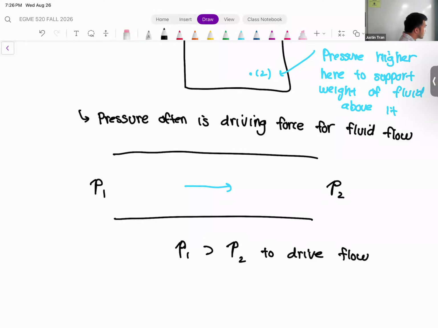And this idea that a liquid or a fluid will go from high pressure to low pressure is not just limited to pipe flow. This is something that's true in general.